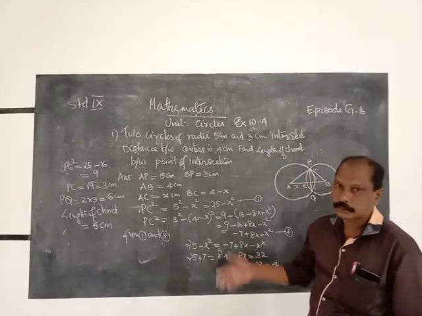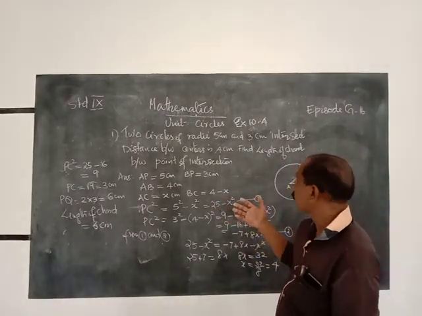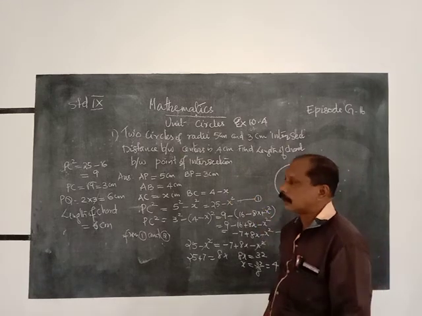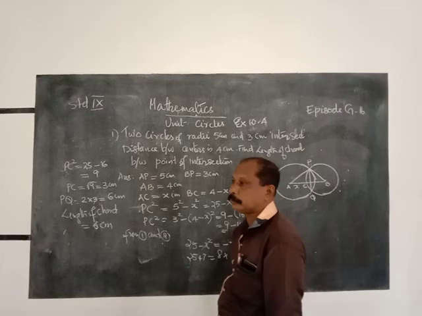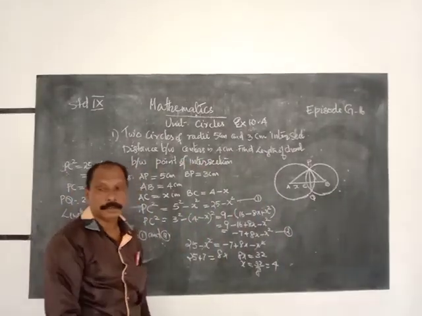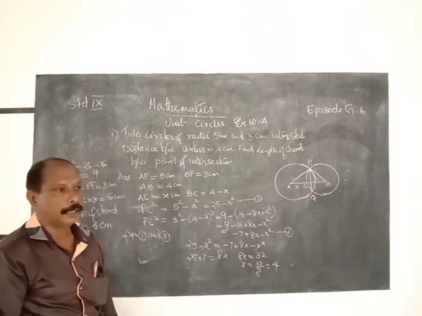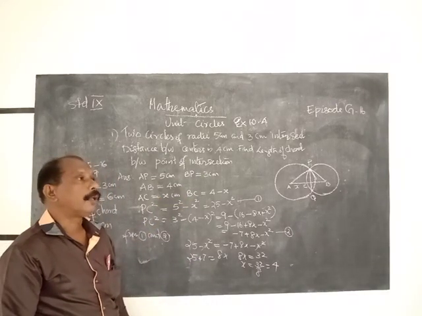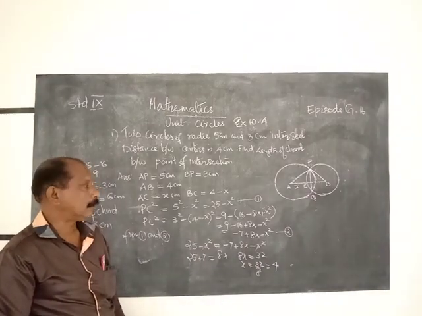Clear? Let us recap the first question. Two circles of radius 5 cm and 3 cm intersect at two points, and the distance between the centers of the circles is 4 cm. Therefore, we draw the circles with the points of intersection P and Q, the chord PQ, and AB as the distance between the centers.